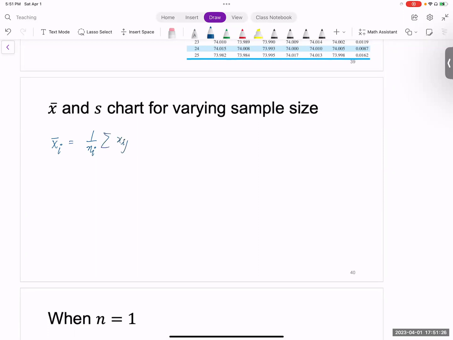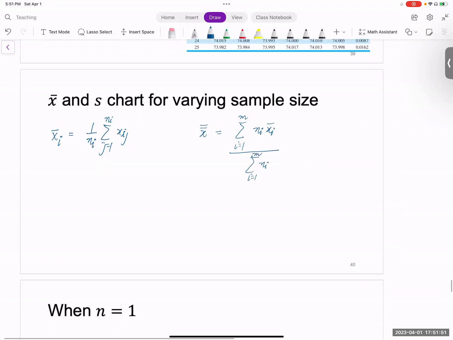From here, I can compute X double bar equal to summation of Ni times Xi bar, i equal to 1 to M, divided by summation of Ni, i equal to 1 to M. Similarly, we compute Si equal to the square root of the summation of Xij minus Xi bar whole squared, j equal to 1 to Ni, divided by Ni minus 1.